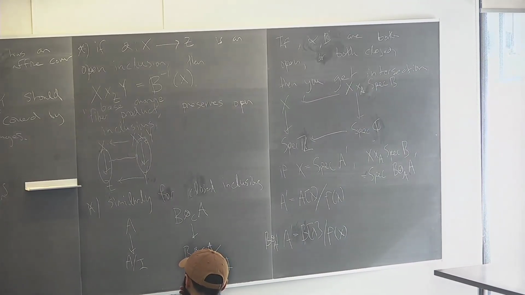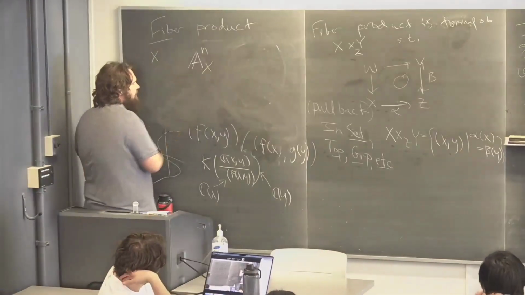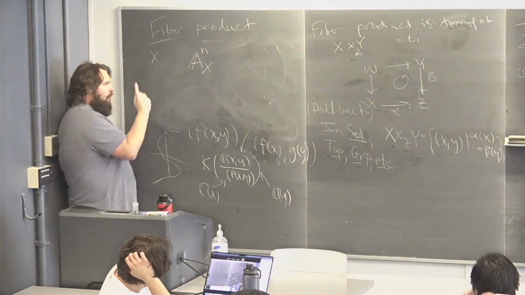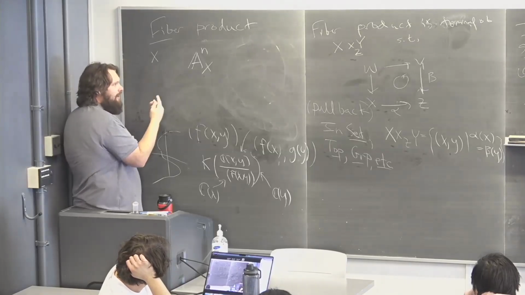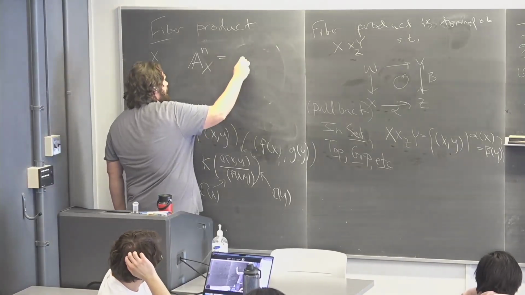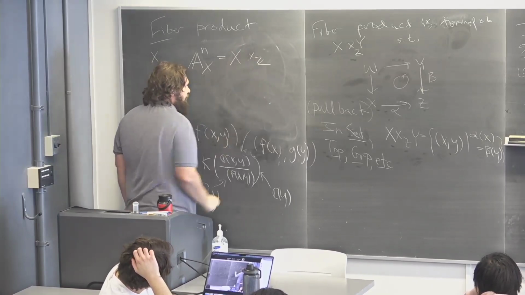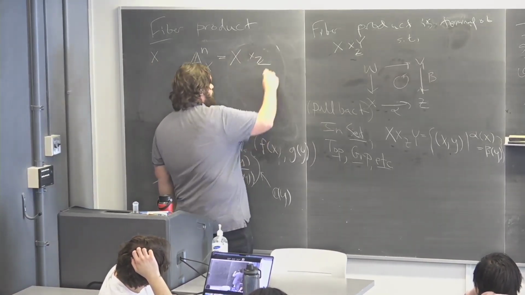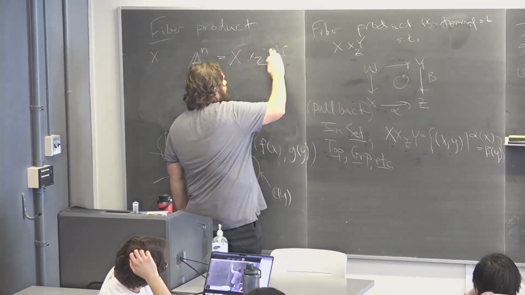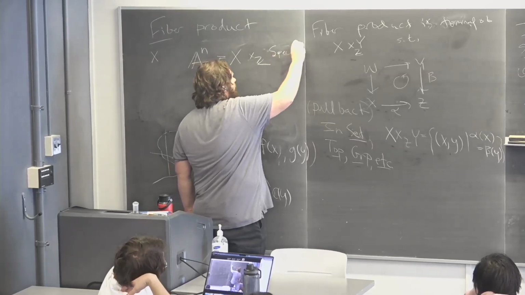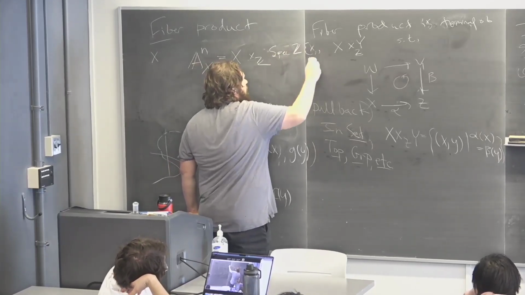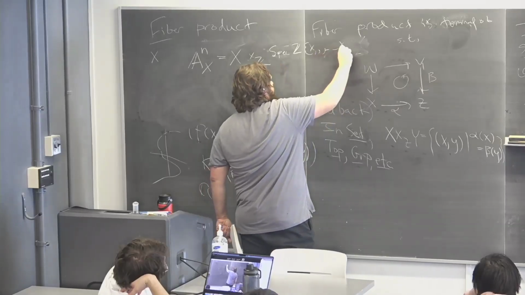So for example, one very common piece of terminology is that for any scheme X, I can look at A^n_X. So what is this? Over every point in X, I put an n-dimensional affine space. I can say this more precisely by saying I take X, and then I take the fiber product over Z, which you'll remember means over spec Z, with spec of Z[x1 up through xn].